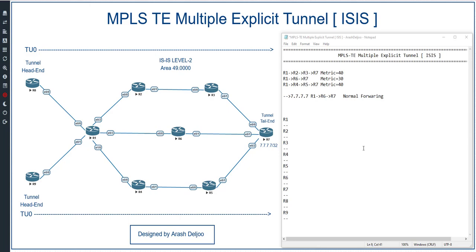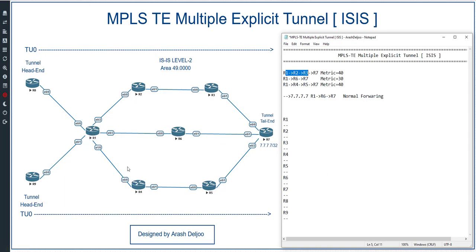This is the normal behavior, but here we have two other paths, through R2 and through R4, and we don't use them until, for example, the path through router 6 fails. If the path through router 6 is available, we don't use the top path or bottom path.